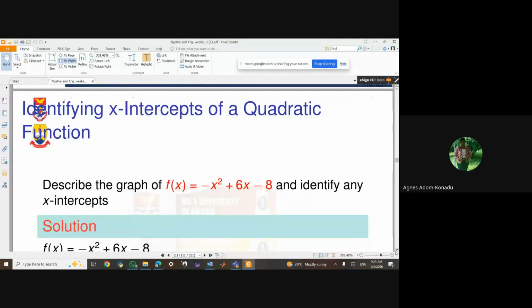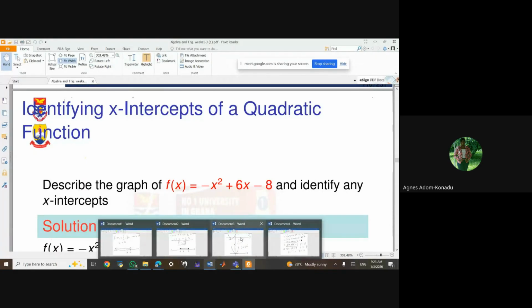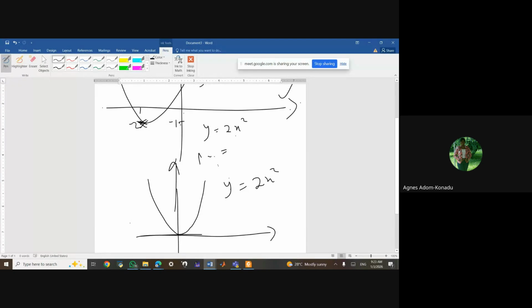The minimum value is the y value. So the minimum value is -1. Minimum value is the f value, the y value, f of x value. So it is -1. The minimum value, we are talking about the f of x value, and it is to the y.